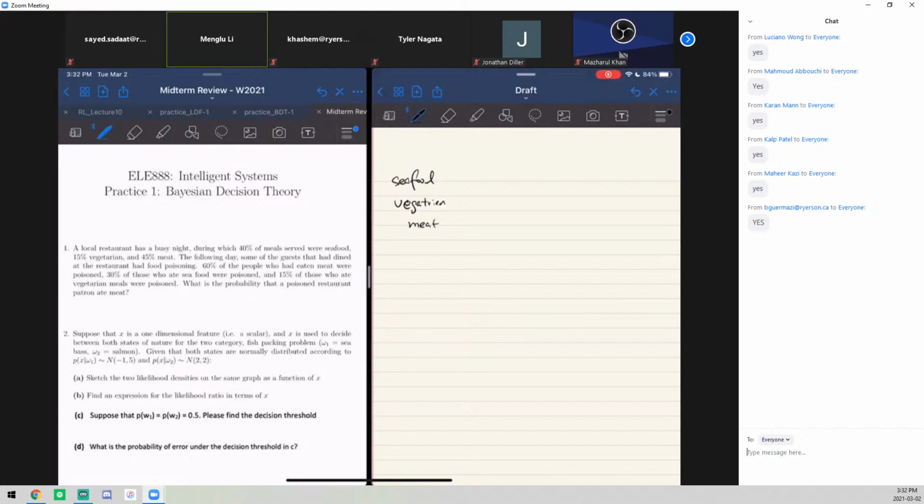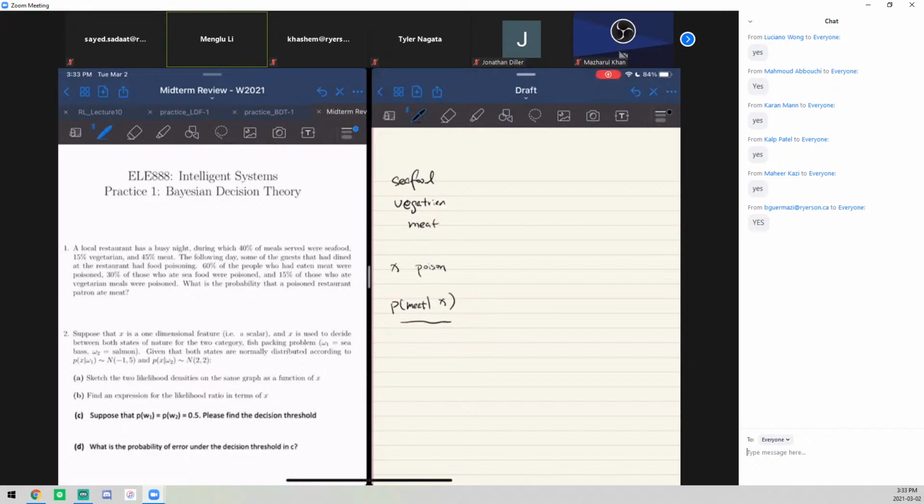We have an observation X, which is whether poisoned or not. Now we know a person is eating meat, and we want to know whether the person is poisoned or not. We want to find the posterior of eating meat, given that it's already poison. That's what we want.